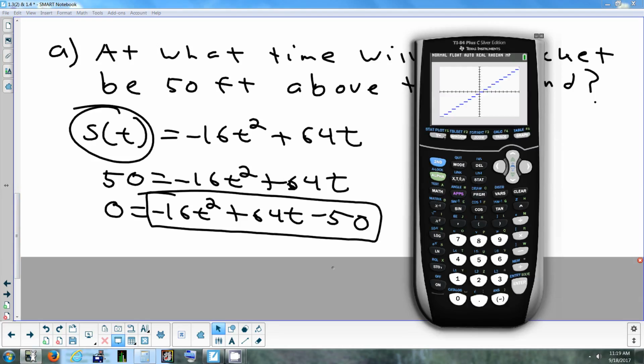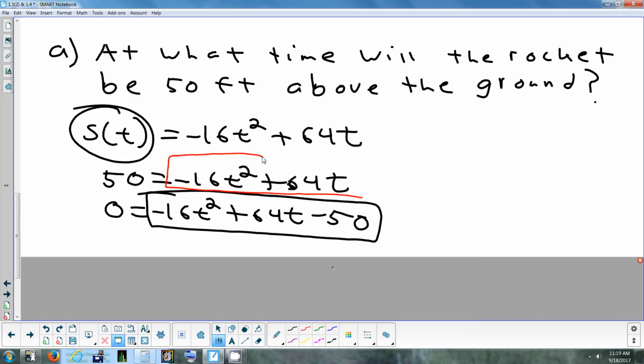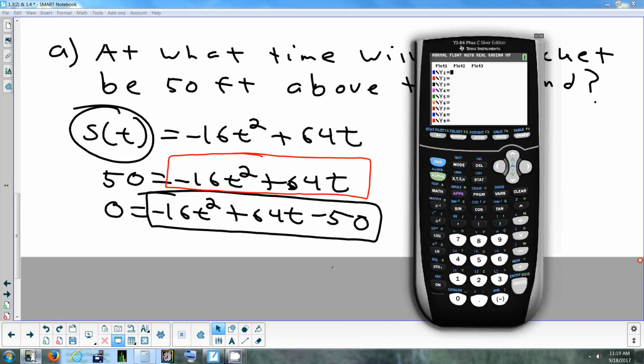So if you already started typing in negative 16t squared, that's fine. Just keep typing that. But let's do it this way first. Type in just that. Forget about the minus 50 for a second. Negative 16, and you have to use x, you can't use t, plus 64x.